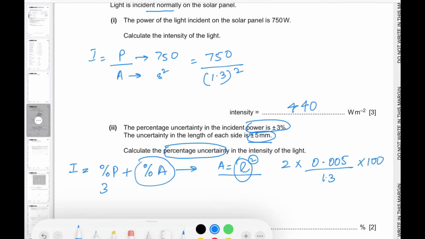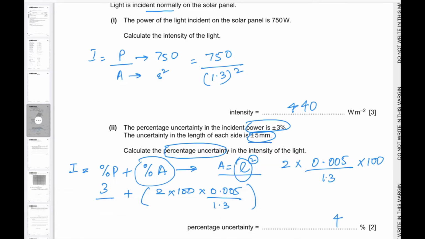To the percentage uncertainty of power, which is 3, you will add 2 times 100 times the uncertainty of length, and this is a total of 3.769, which is rounded to 4%, plus or minus.